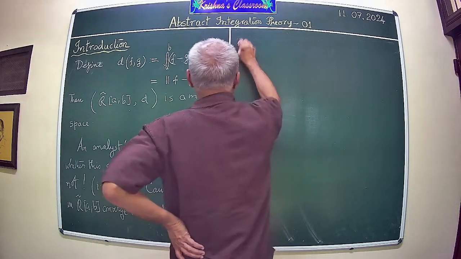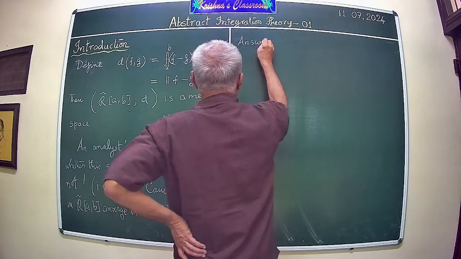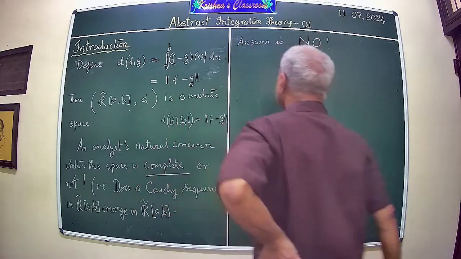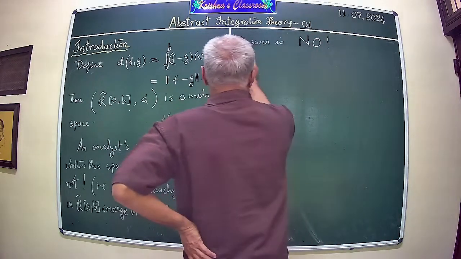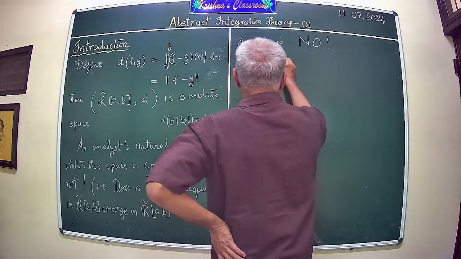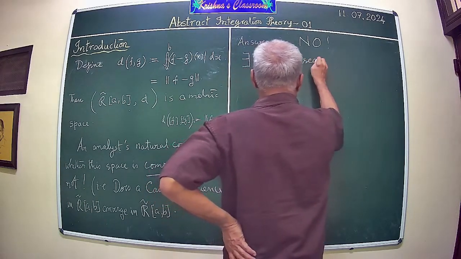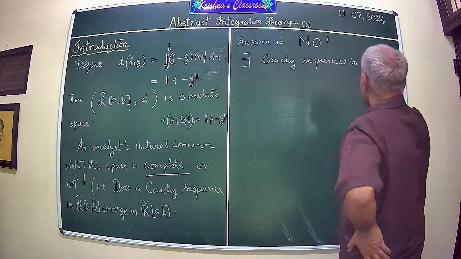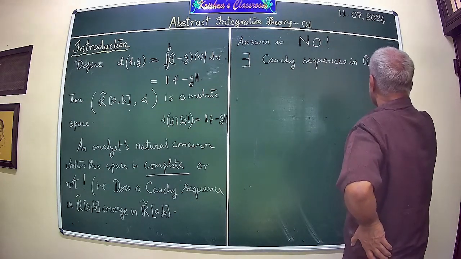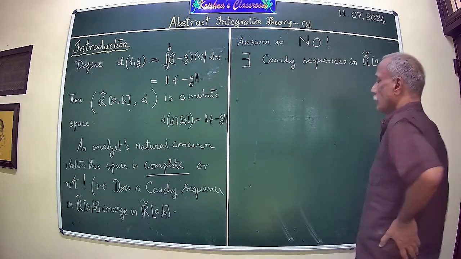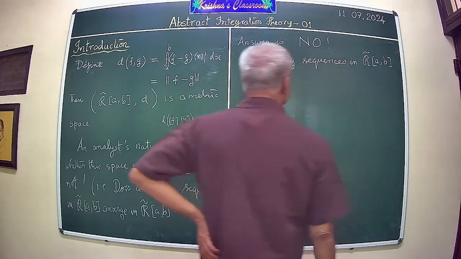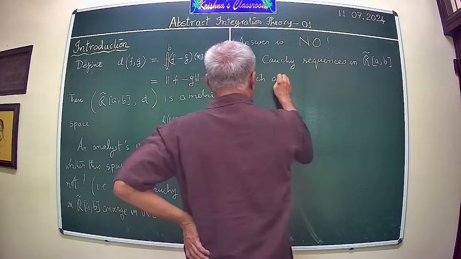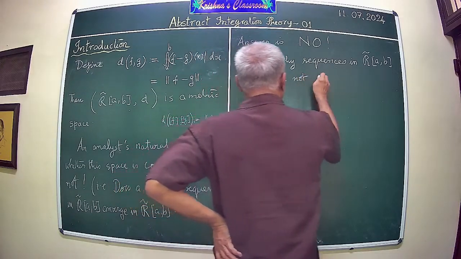Now the answer is there exist Cauchy sequences which do not converge.